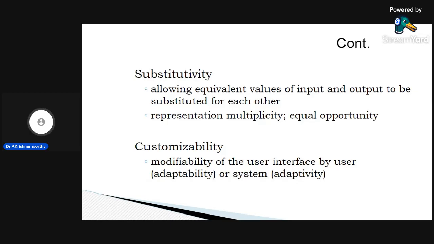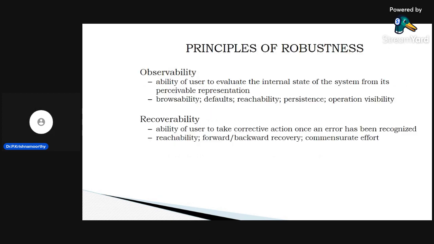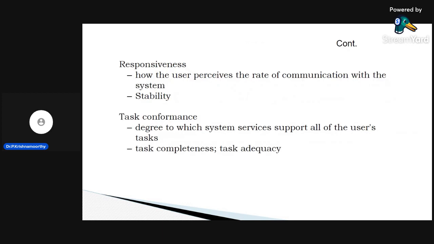Customizability is the modifiability of the user interface by the user or the system. Principles of robustness: observability, the ability of the user to evaluate the internal state of the system from its perceivable representation, including browsability, defaults, reachability, persistence, and operation visibility. Recoverability is the ability of the user to take corrective action once an error has been recognized, forward or backward recoverability. Then there is task conformance and functionality.